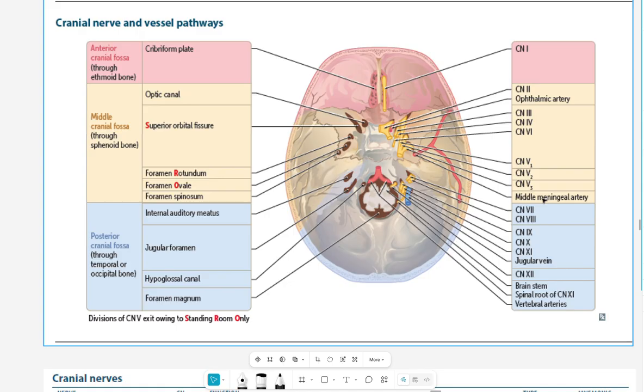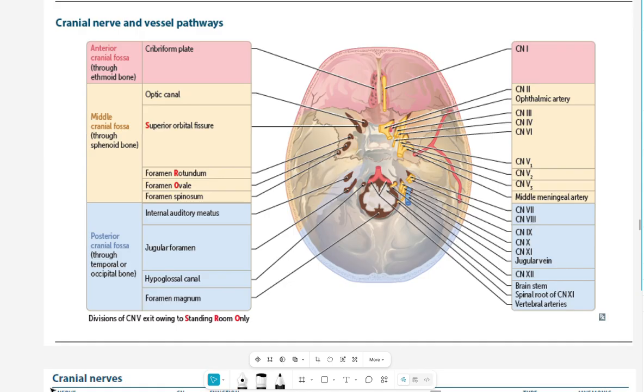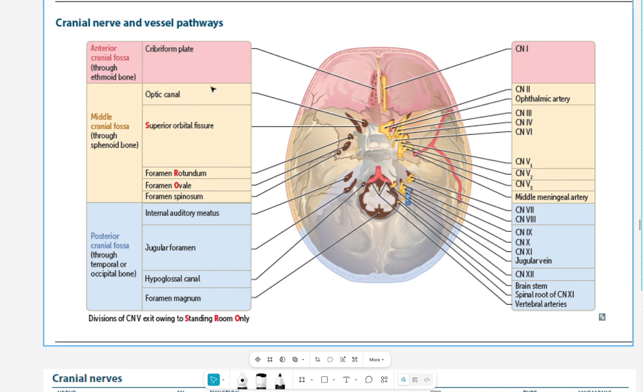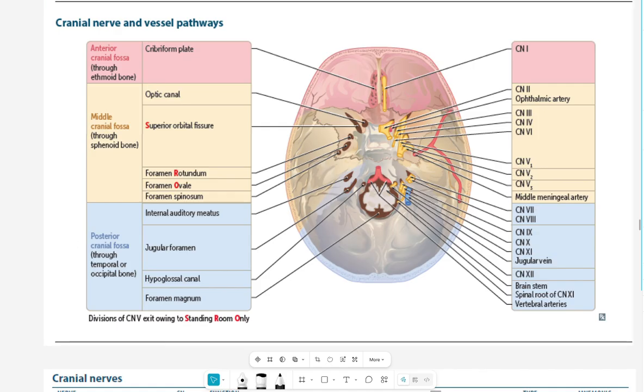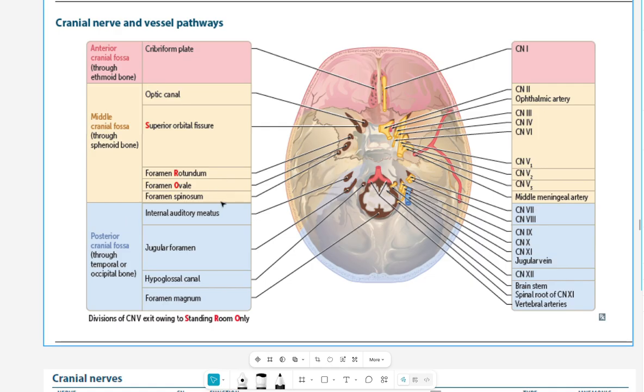And then your foramen spinosum carries the middle meningeal artery. For memory, you can remember the 3, 4, V1, but I'll come back to this memory part later. We have done foramen rotundum with the second branch of the trigeminal nerve, ovale with the third branch, and then spinosum, which had the middle meningeal artery.